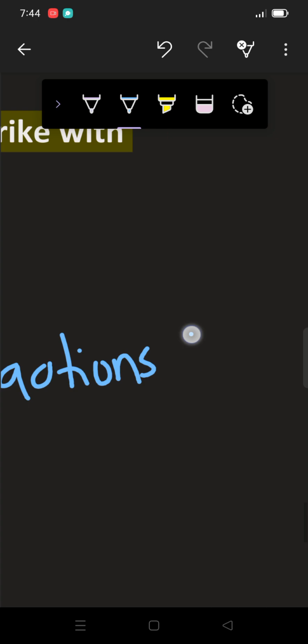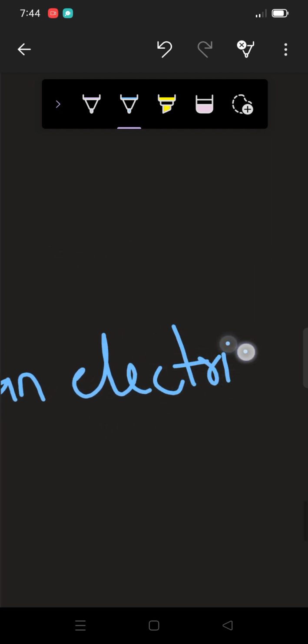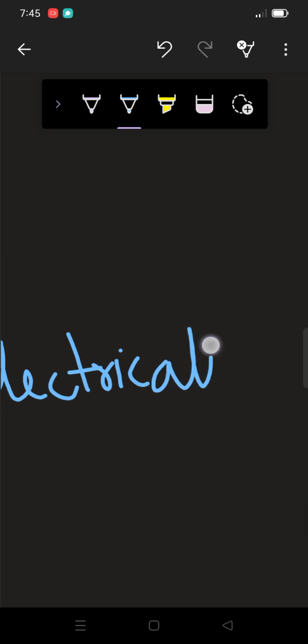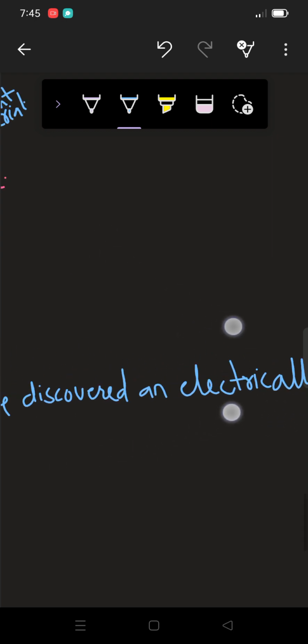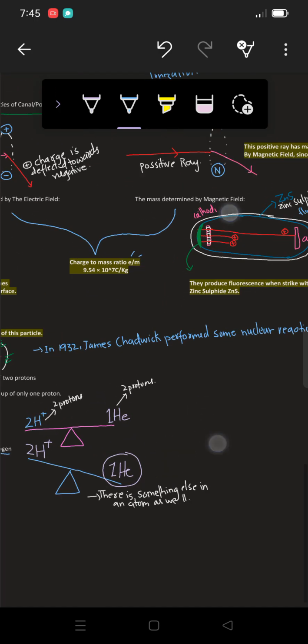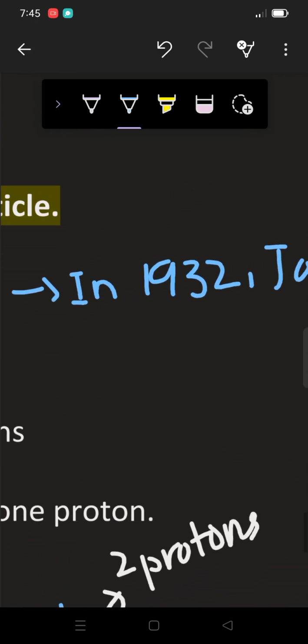And he discovered an electrically neutral particle. I am going to tell you how it is electrically neutral, right?